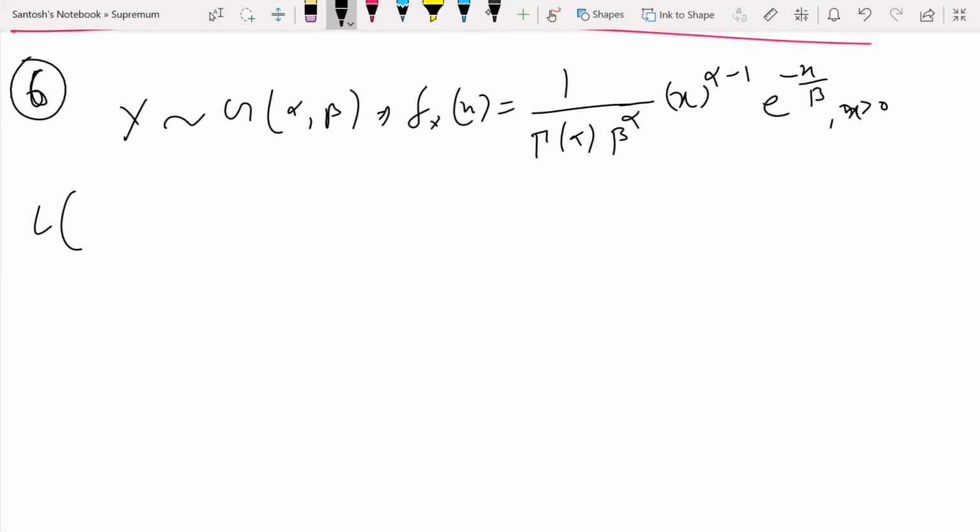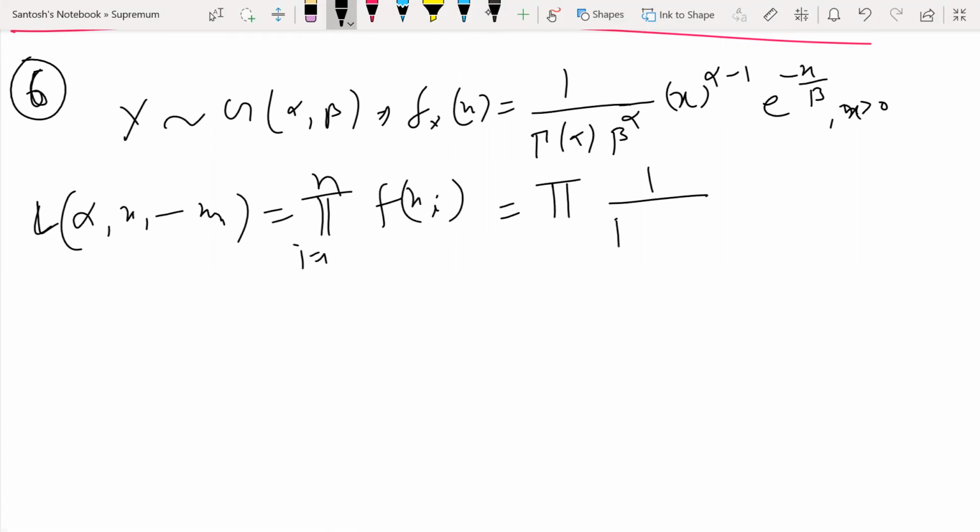So let's first calculate the likelihood function. L(alpha; x1, x2, ..., xn) is the product of f(xi). So that is the product of 1 upon gamma(alpha) beta raised to power alpha, e raised to power minus xi upon beta, and xi raised to power alpha minus 1, product i from 1 to n.